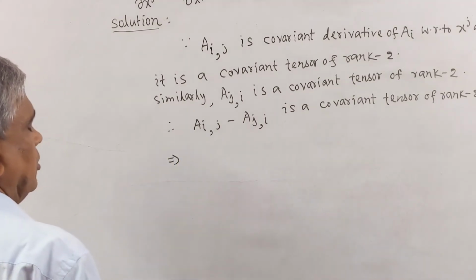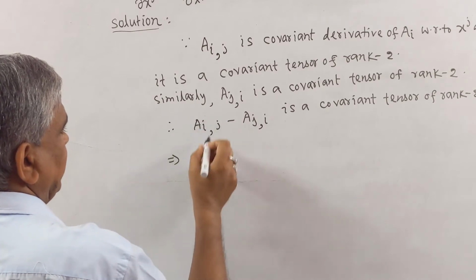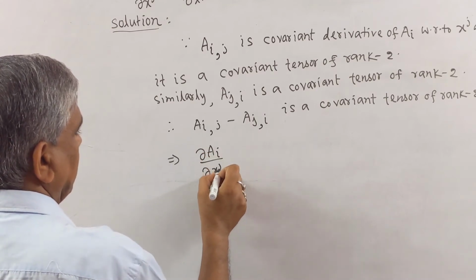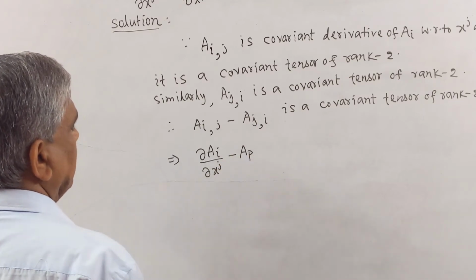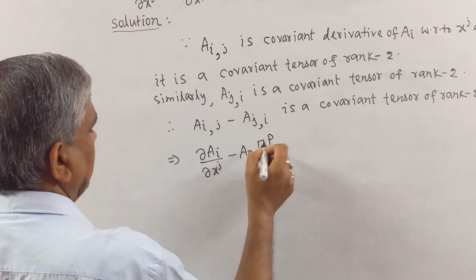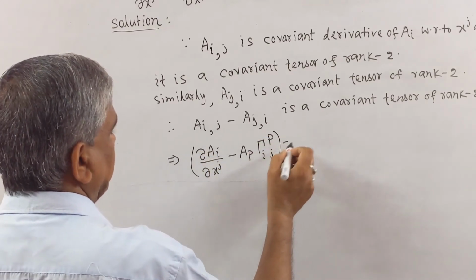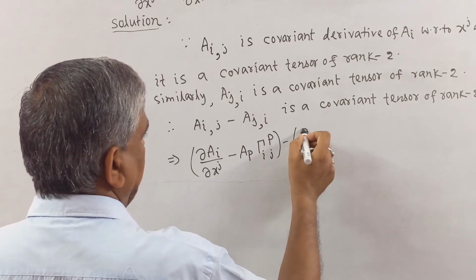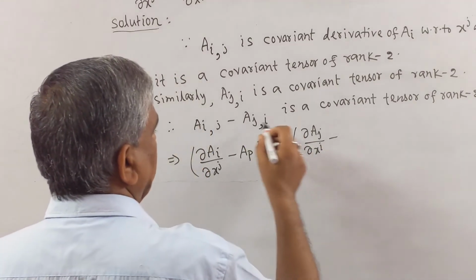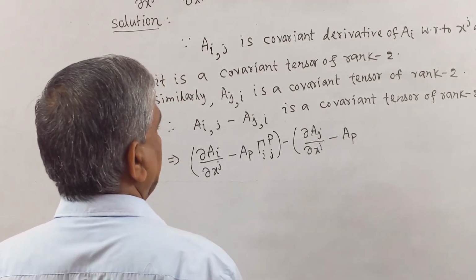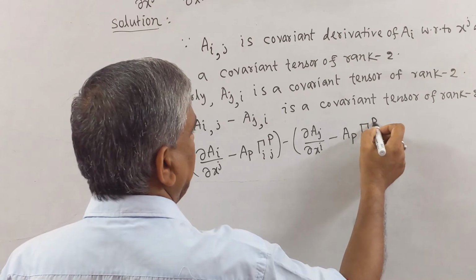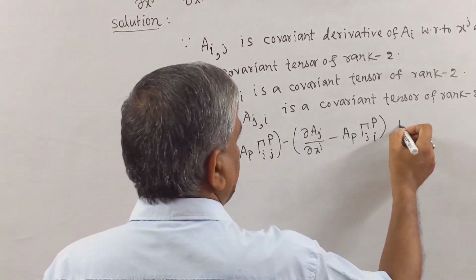Implies that the covariant derivative of this equals ∂a_i/∂x_j minus a_p times the Christoffel symbol of the second kind, where we have replaced i, here we write {p; i j}, minus ∂a_j/∂x_i minus, we replace j by p, the Christoffel symbol of the second kind, where we have replaced j, we write here {p; j i}, is a tensor.